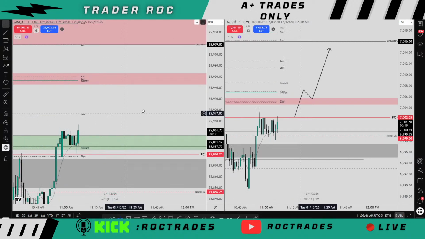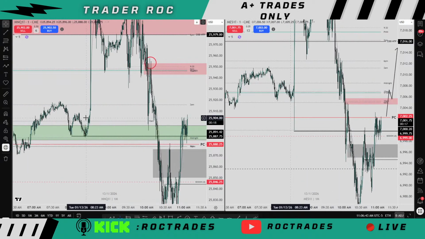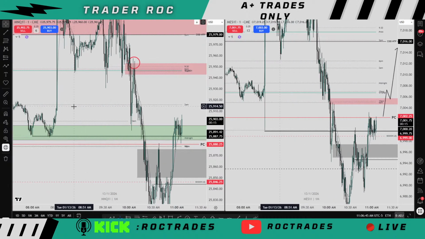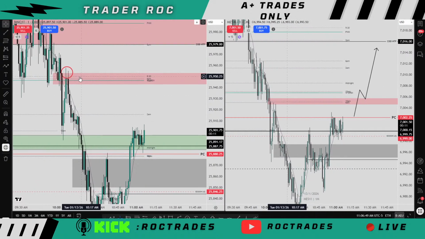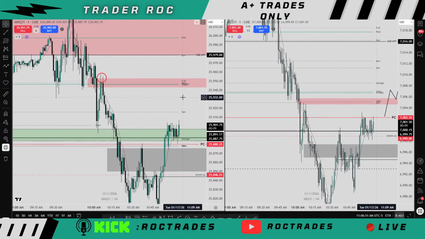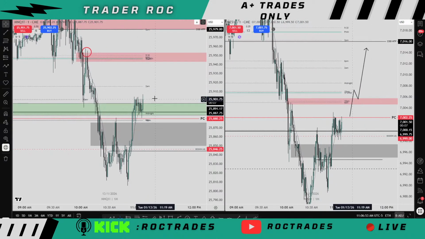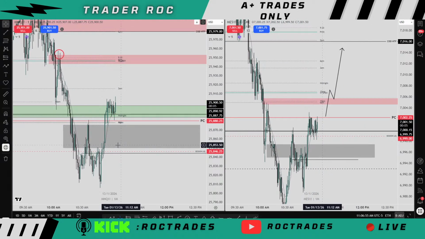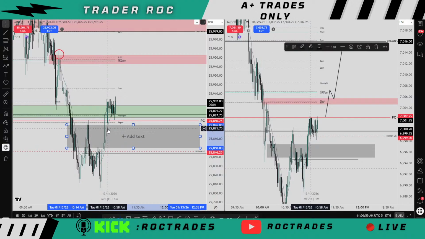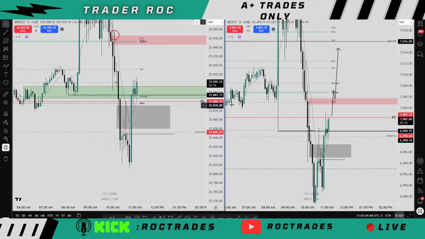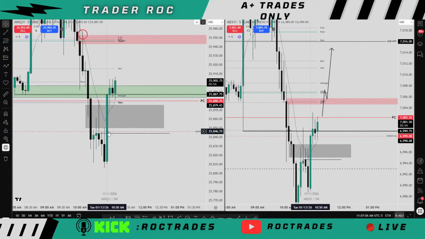Same thing over here on the NASDAQ. Yeah, same thing here. I have this level marked off up here. It'll be a little bit late, but because price doesn't want to pull back into this BPR, I guess it did somewhat pull back, but I want to see a legit drive back into this wide open fair value gap.